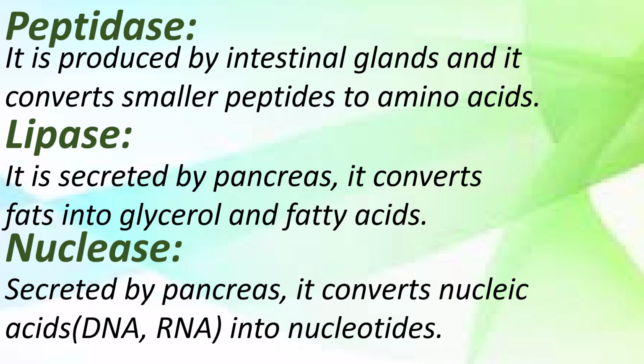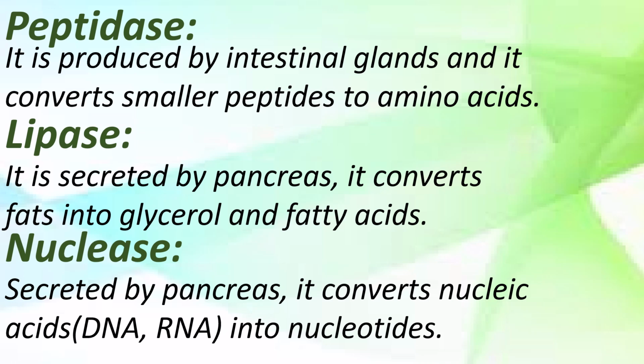Now, there are enzymes for nucleic acids. First of them is nuclease, secreted by the pancreas. It converts nucleic acids, DNA and RNA, into nucleotides. DNA, deoxyribonucleic acid, is composed of phosphate group, sugar, and nitrogenous base.